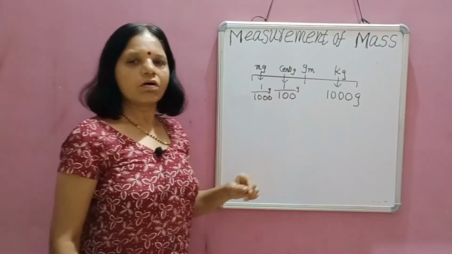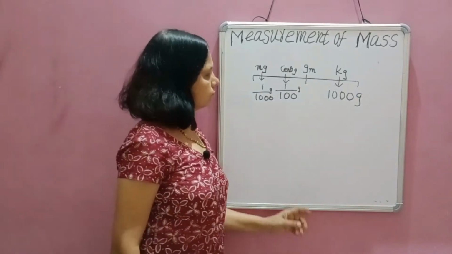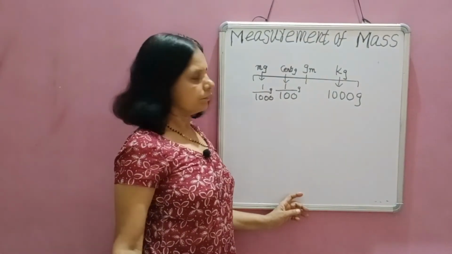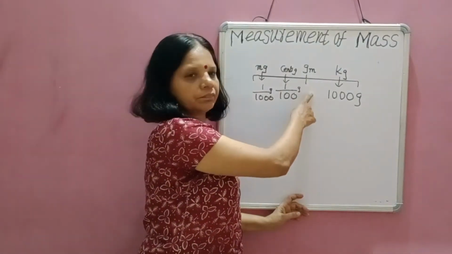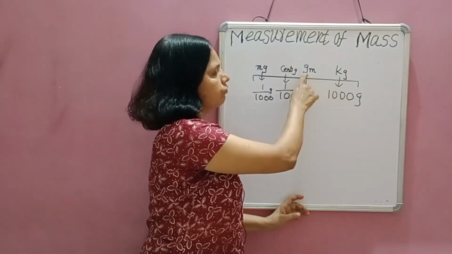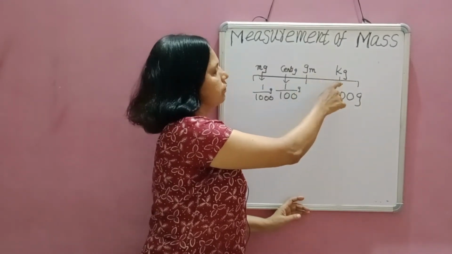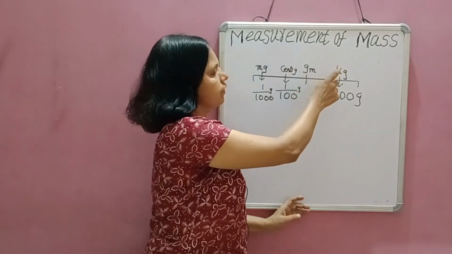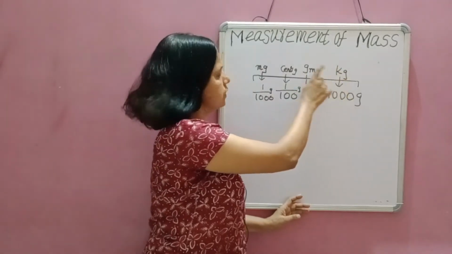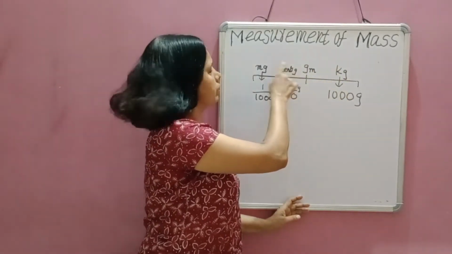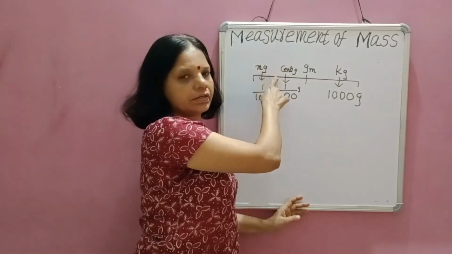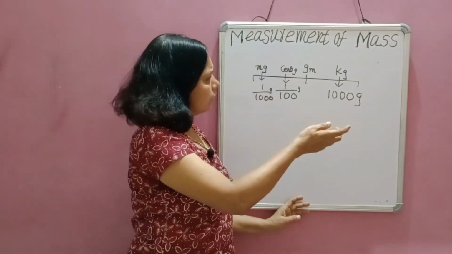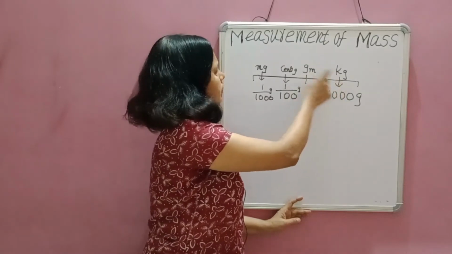The units of measurement of mass are gram, kilogram, the short form gram, gm, or simply g, kilogram, kg, centigram, or milligram. The commonly used are gram, kilogram, and milligram.